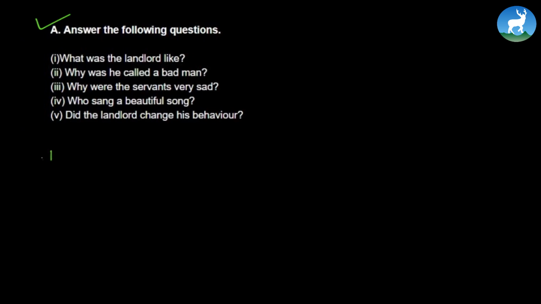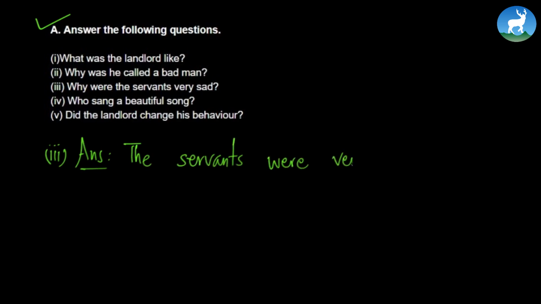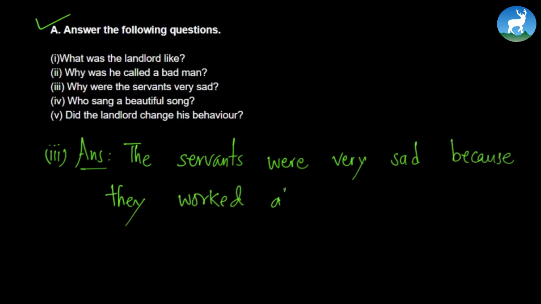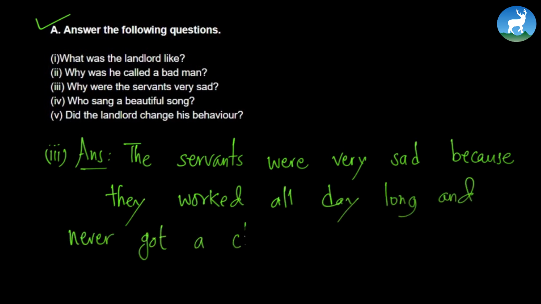Now we are going to answer the third question. The third question is, why were the servants very sad? We can write, the servants were very sad because they worked all day long and never got a chance to stop, rest, or eat.